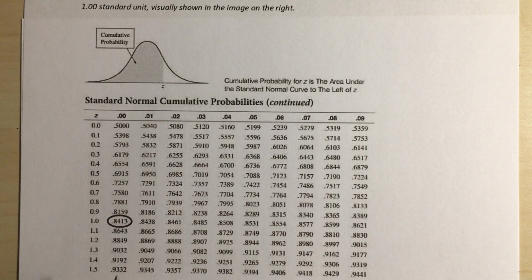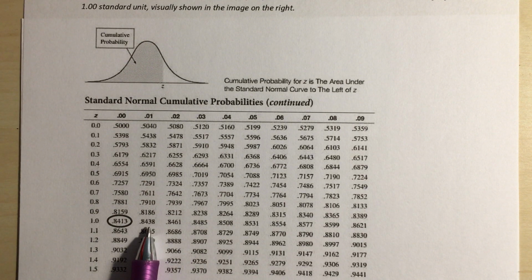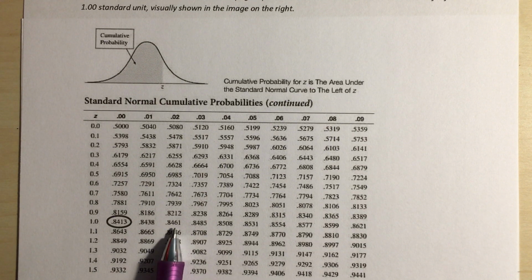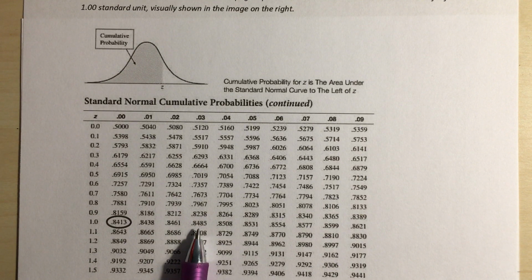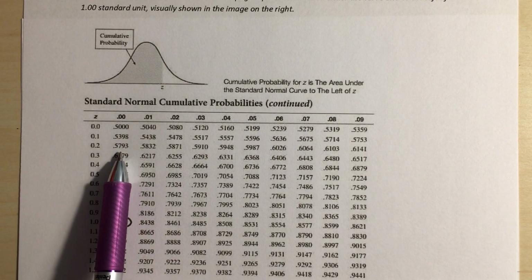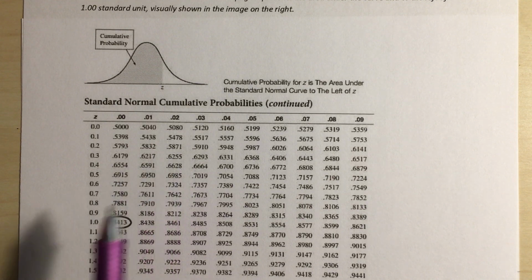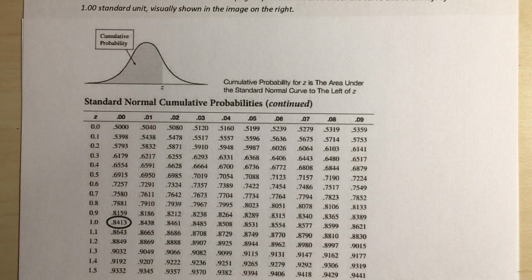What this means is this value corresponds to a z-score of 1.00. This next value here is the area that corresponds to a z-score of 1.01. The next one would be 1.02, then 1.03, so on and so forth. Up here, this is 0.20, 0.21, 0.22.